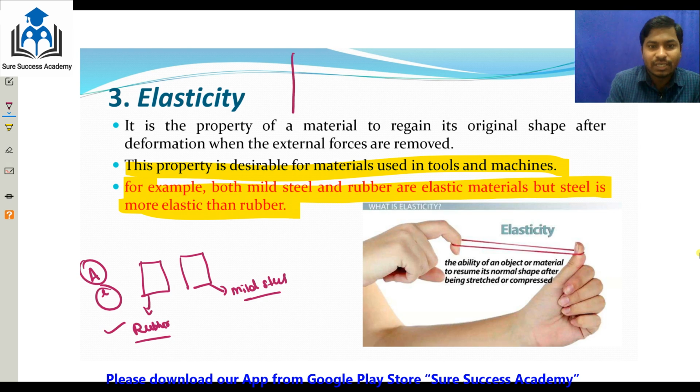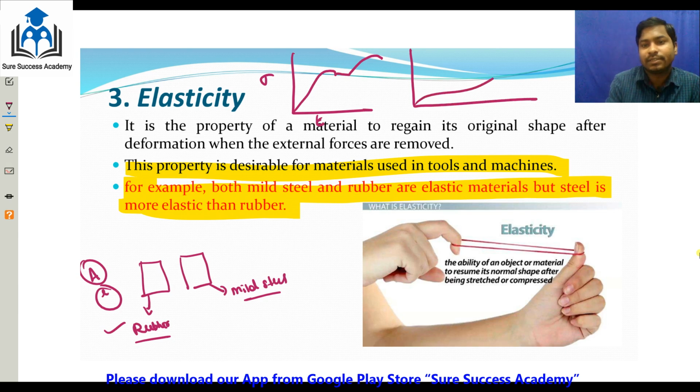If you see the stress and strain diagram of mild steel, and the rubber is like this. If you see, the elastic range of rubber is less; it is more in mild steel. Here, the elastic range is very, very small.